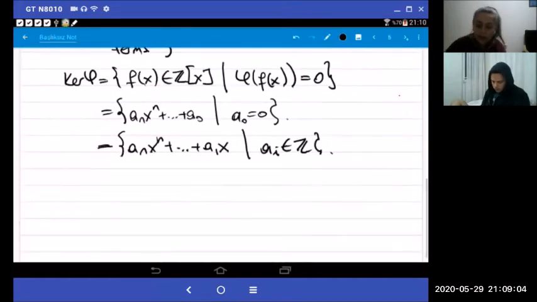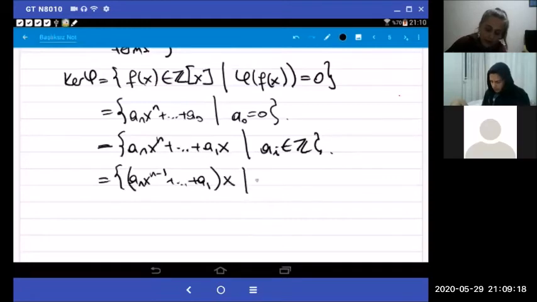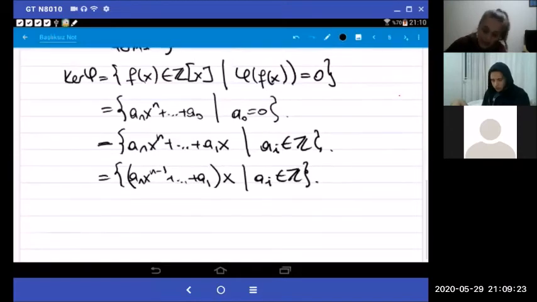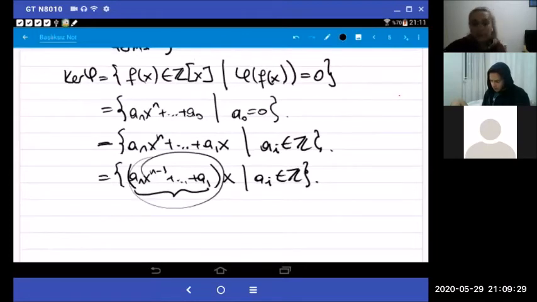Okay, and if you take these type of polynomials in Z[x], a_n x^(n-1) and so on, a_1 times x, such that each a_i lies in Z, this means that since the a_i's are arbitrary, this type of expression gives you an arbitrary element from R, right?